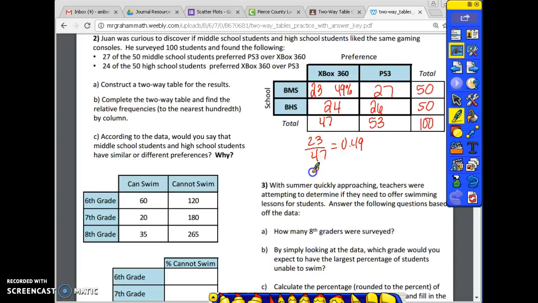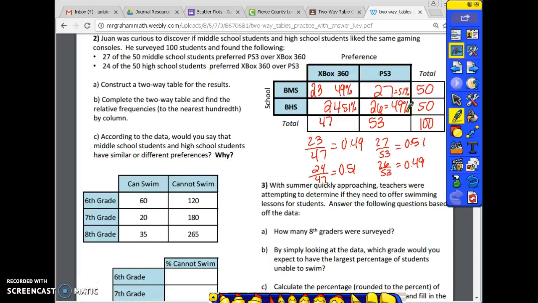For the high schoolers, 24 of the 47 are from the high school, so that's 51 hundredths when we divide. Do the same thing for PS3. We have 27 out of 53, which is 51 hundredths, so that's 51%, and 26 out of 53 is 49 hundredths, which is 49%.